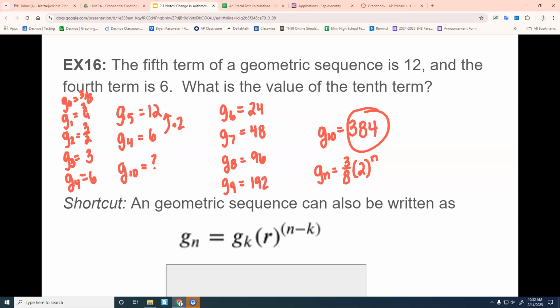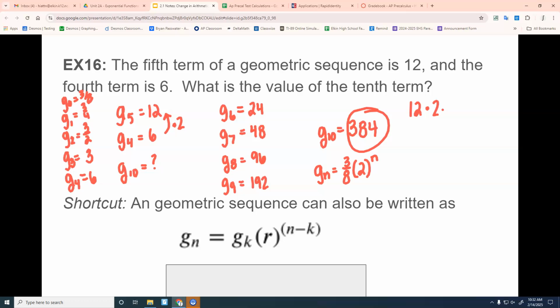Anybody do anything different? I think that yesterday we did this one this way, and it kind of made you not want to do this other method. What if I did this? What I'm doing right here is I've got the 5th term, right? And it is 12. And so I'm having to multiply by 2 to get the next term.